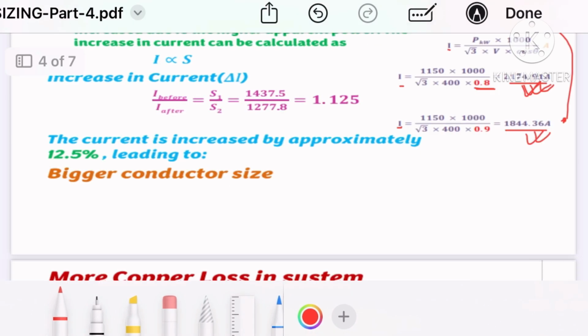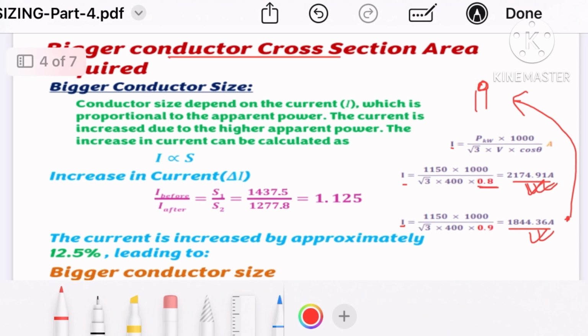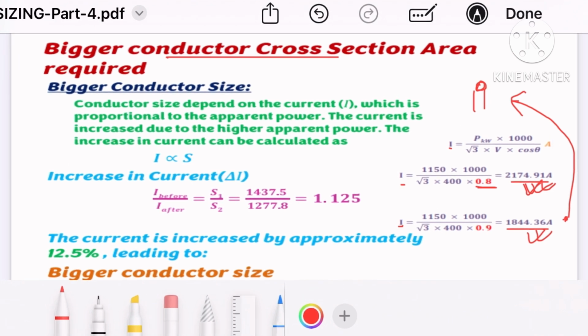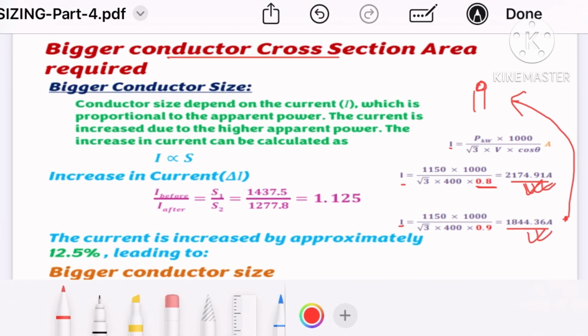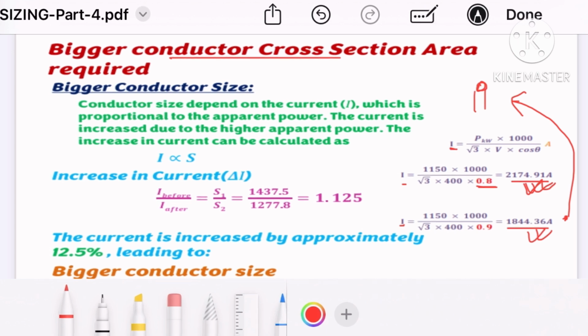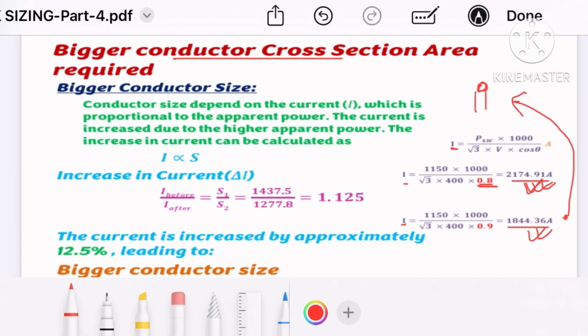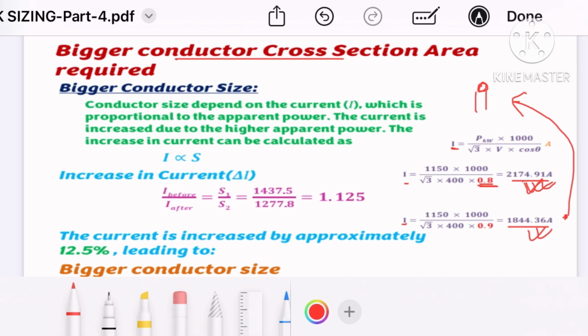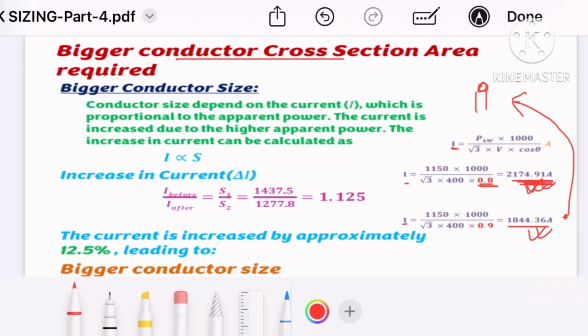Now let us move to the other point, bigger cross-section area. As we know, P is equal to root 3 into V into I into cos phi. So I rearrange this formula: I is equal to P into 1000 by root 3 into V into cos phi. At 0.8 power factor, we got a current value of 2174.91 ampere.